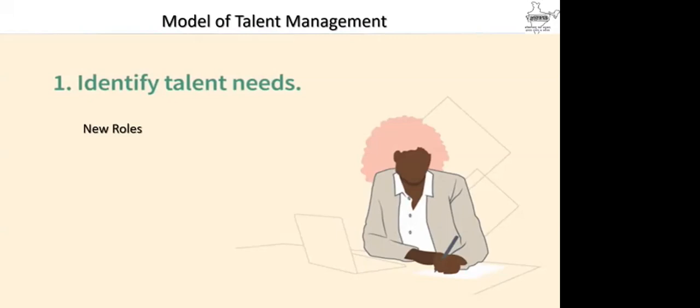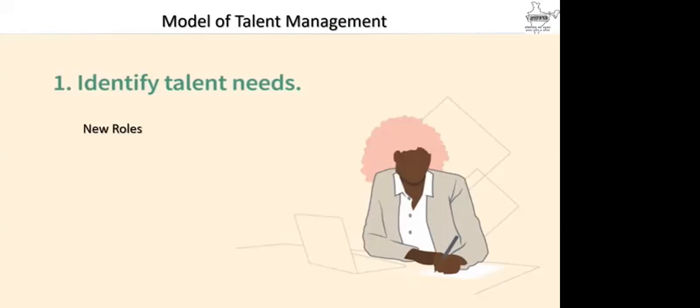For instance, in our industry, there is constant development in a certain product. Basis that, to fulfill those needs, or from the competition or the industry itself, roles come up, which could lead to new role generation.